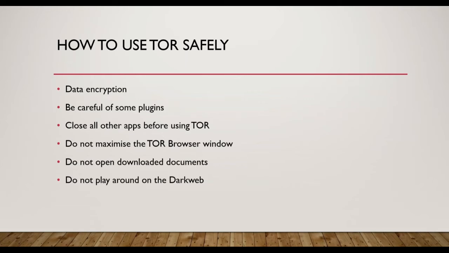So for the data encryption part, how Tor protects your anonymity, as we mentioned in the last class, it uses an onion. It works like an onion. It starts at your starting point, and let's say, for example, I want to go to Google. It's going to pass through different computers.